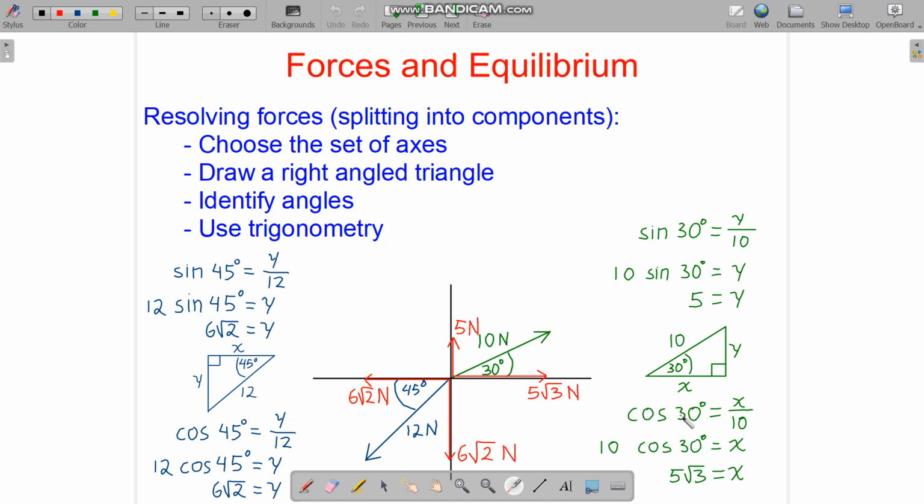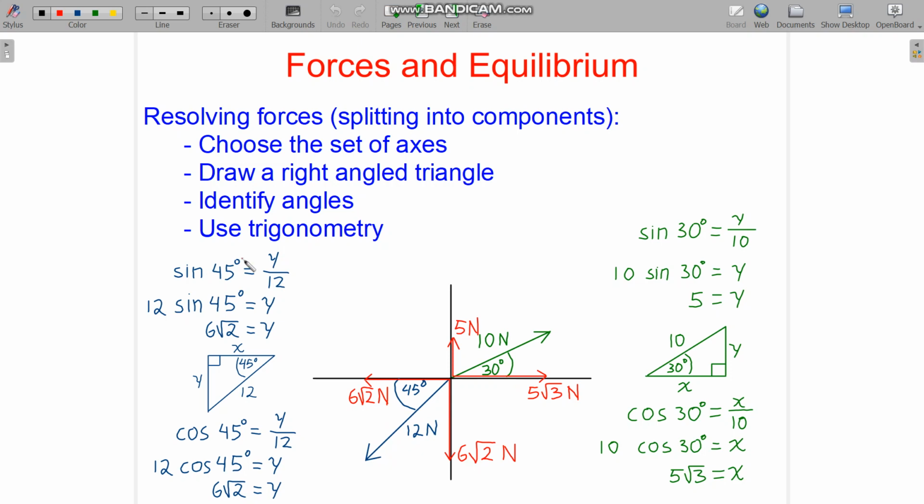And from the definition of cosine, adjacent over hypotenuse, multiply both sides by 10, we get x equals 10 cos 30 degrees, which is 5 root 3. So this means this 10 newton force can be split into 5 root 3 and 5. Same thing with the 12 newton force here.